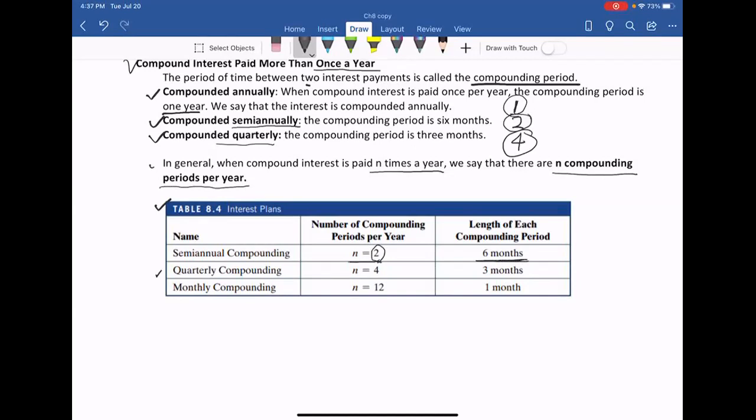Quarterly compounding, n equals 4. That means they will pay you 4 times a year, so every 3 months they will pay you the compound interest. Monthly compounding, that means n equals 12. That means they will pay you the compound interest 12 times a year, and the compounding period is 1 month. That's every month they will pay you the compound interest.